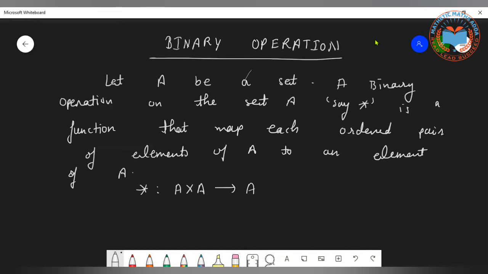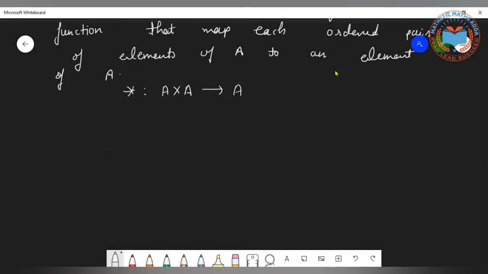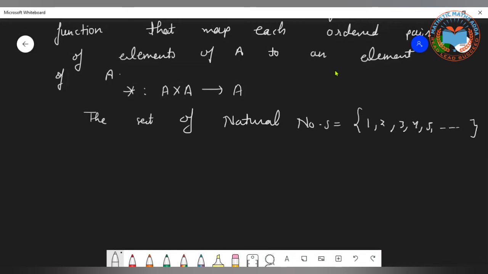Now I will explain the binary operation by an example. Let us take the set of natural numbers, that is 1, 2, 3, 4, and I am taking the operation as addition.